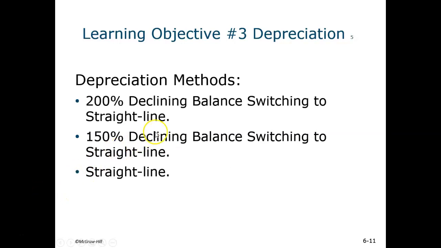Now, for instance, when we look at personalty, usually we're using double declining balance, which means that we're taking more depreciation earlier in the asset's life, which makes sense from an economic perspective because we know that assets are not as efficient in their earlier life as they are later. Give you a personal example.